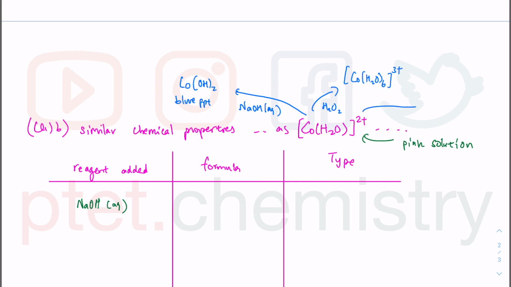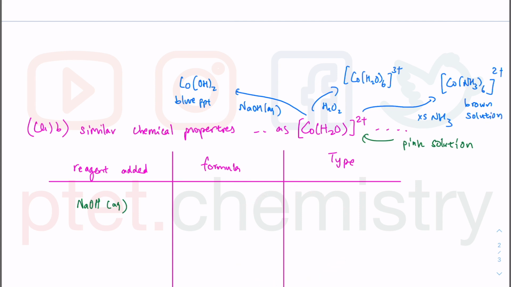In the presence of excess NH3, you're going to get cobalt NH3 6, 2 plus. And just like I said, when you add in the hydrogen peroxide, it goes to a brown or much darker brown color. So it's quite a disgusting color, unlike the very nice colors that we usually see with transition metal complexes.